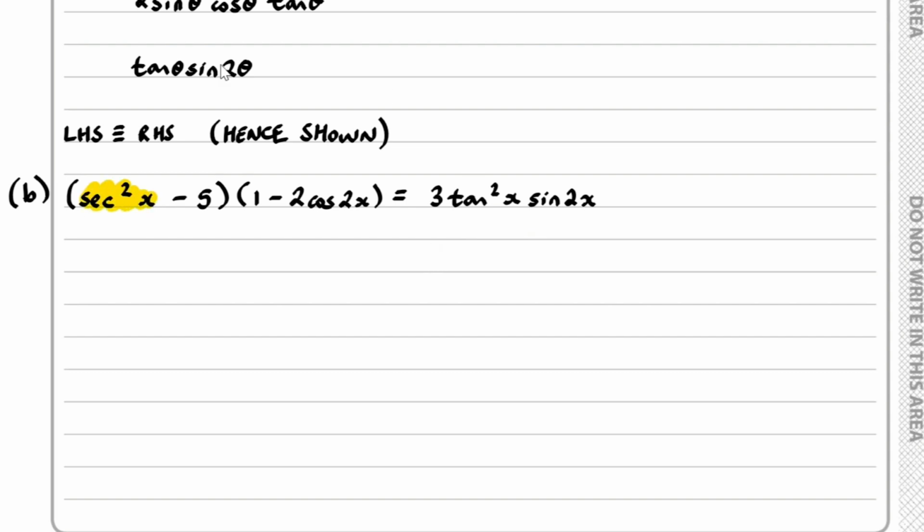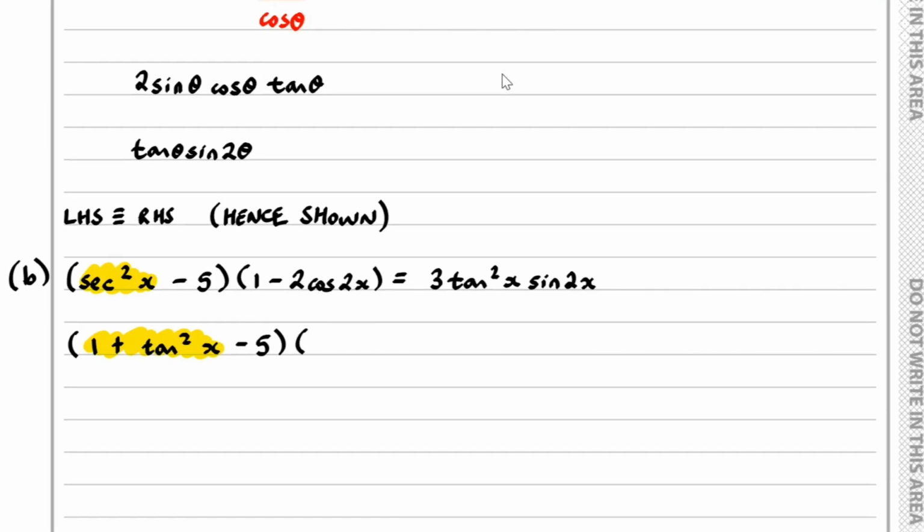Now sec squared x, that's the same as 1 plus tan squared x. And then I'm subtracting from that 5. And the 1 minus cos 2x, that result over here is what I've just found to be tan x sin 2x.